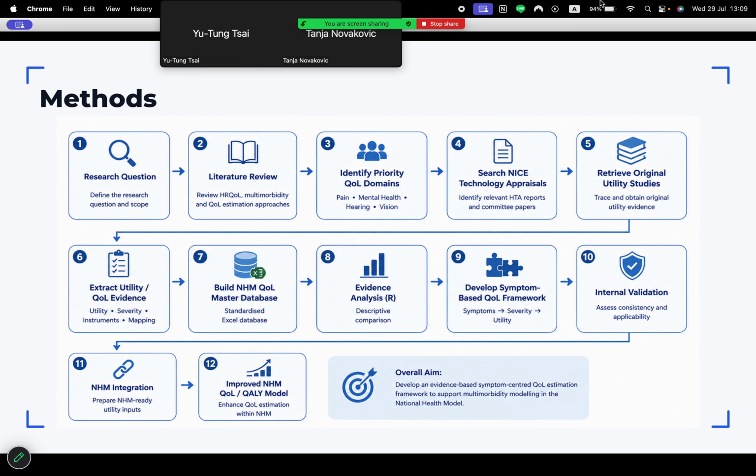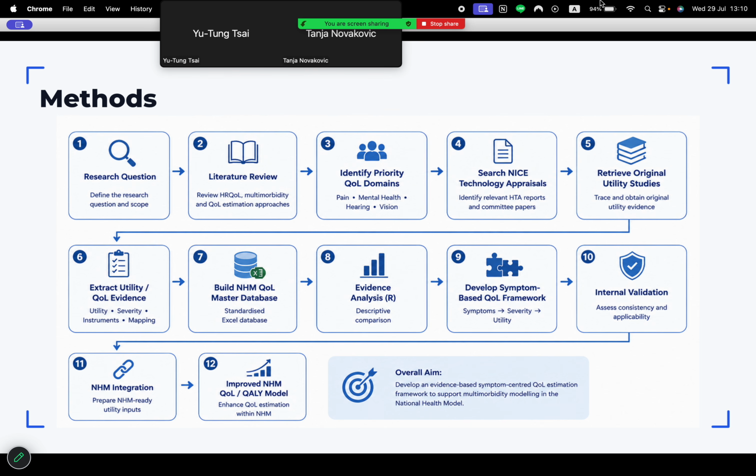Then the National Health Model and the quality of life model together generate a profile of a patient in terms of age, gender, disease history, and symptoms, and then we go from those symptoms through to utility.